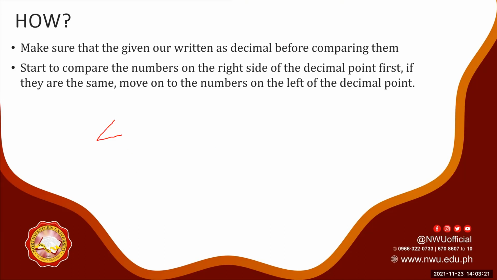So pag meron kayong decimals, for example, na 4.2 and meron kayong decimals na 3.1, ang una ninyong i-consider is the decimal or the whole number. Ang ating whole number dito ay 4, ang ating whole number dito ay 3. Of course, alam natin na mas malaki or mas marami si 4.